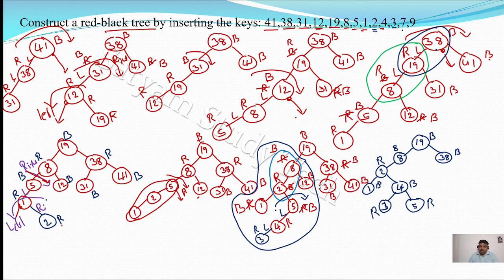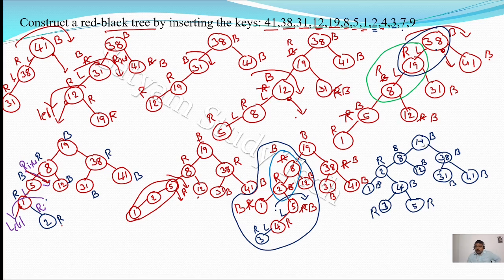Now we have to see 8 right is 12, which is black color. Okay, this is the case. Again we have to check the root node is black. Here we can add 31, that is a black node, and 41, which is also a black node.